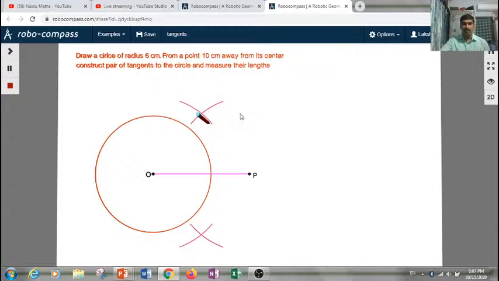This is one point of intersection, and similarly here you will get another. Now using the ruler, if you join these two points, this becomes the perpendicular bisector of the given line segment.